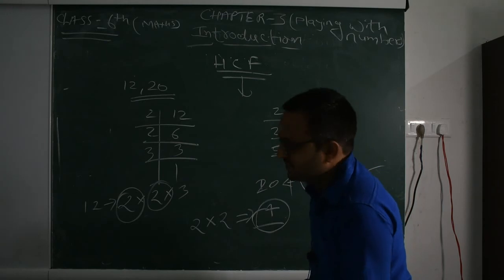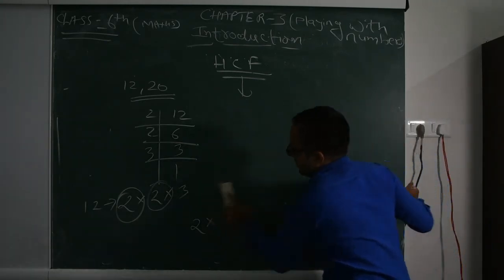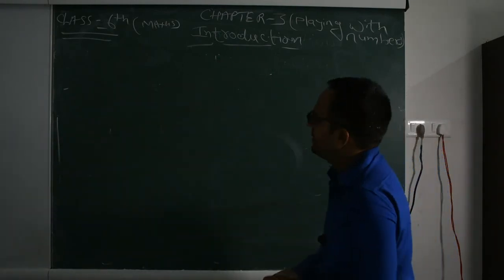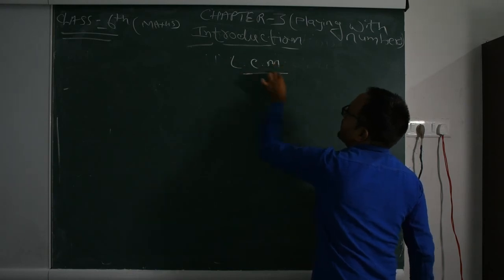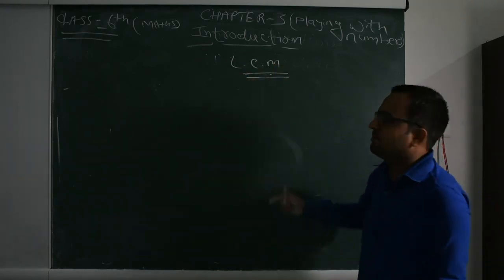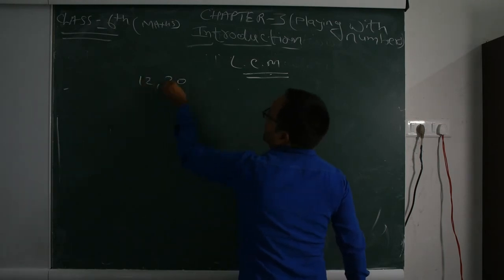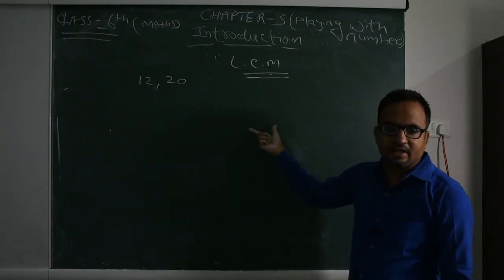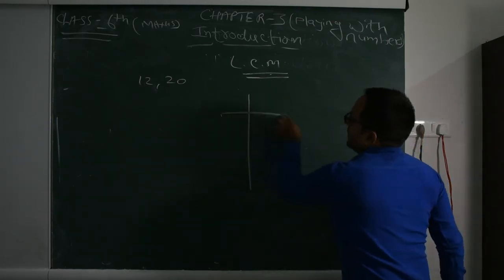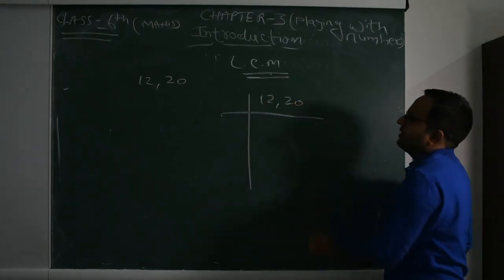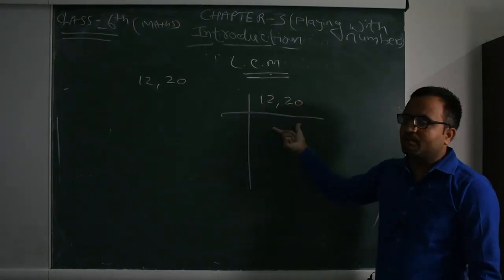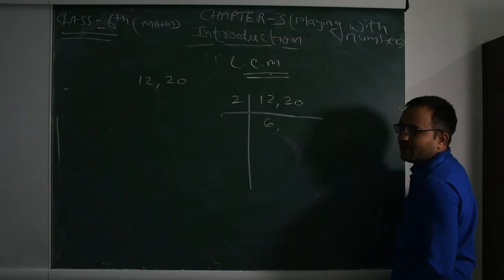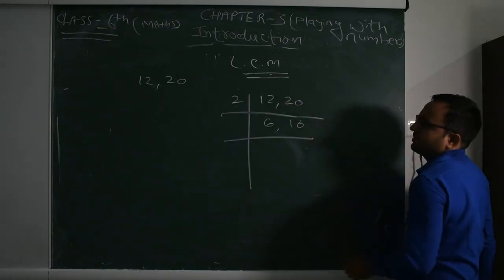And the last one is LCM. If you have two numbers and you want to find out the LCM, you have two numbers, 12 and 20. In the HCF case, we separately take the factorization. In the LCM case, we take both numbers at the same time. First, we take the smallest prime number. 2 sixes are 12, 2 tens are 20.